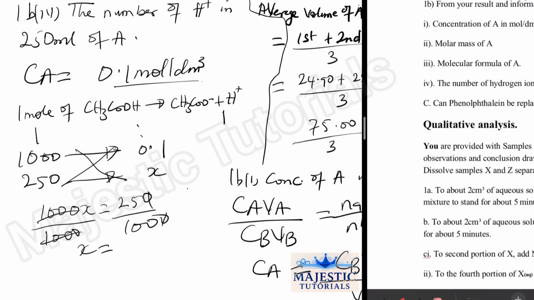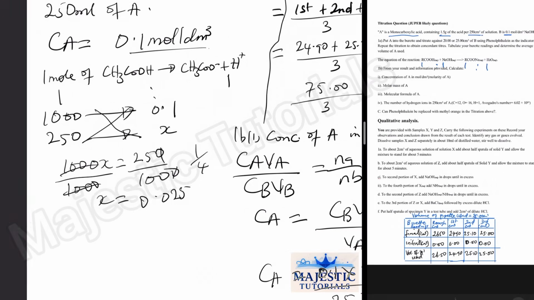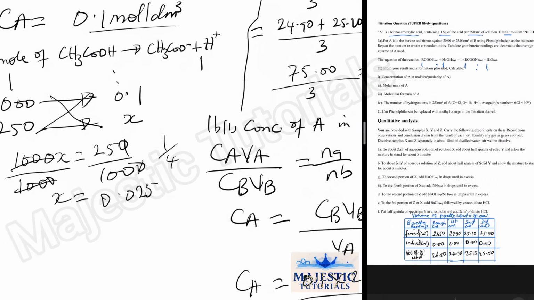Please, 1 over 4 is 0.25, not 0.025. It's just 0.25 moles of the acid in the volume provided.